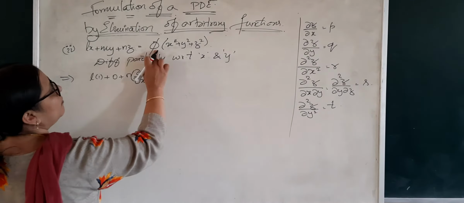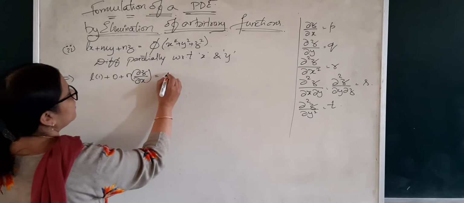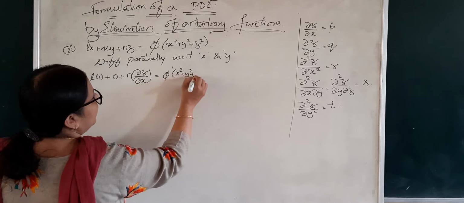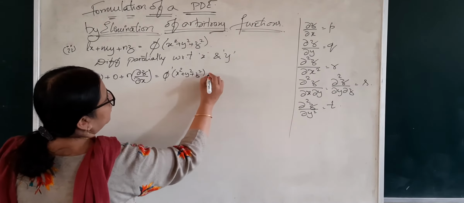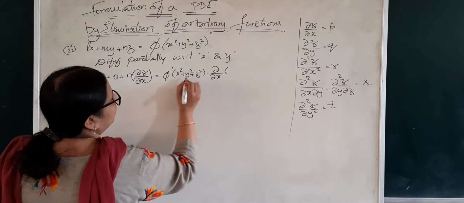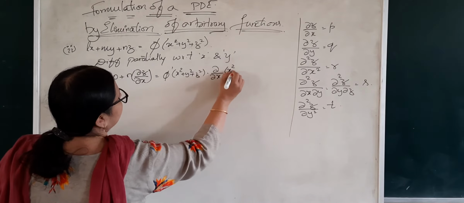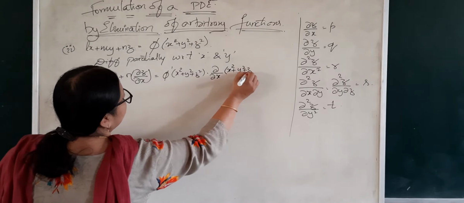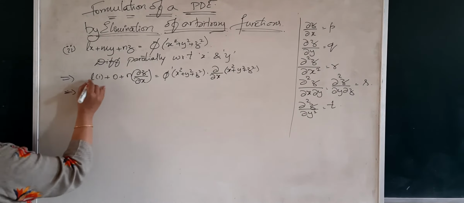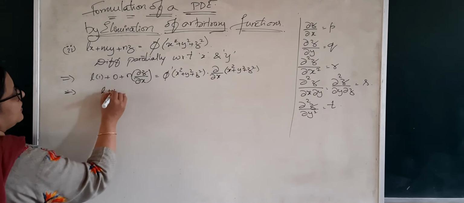is equal to, just like in the previous problem, any function its derivative is going to be phi dash of the same term plus chain rule. Chain rule is dou by dou x of the internal part, x square plus y square plus z square. Okay, simplifying ahead, we get this will be L plus n as it is.